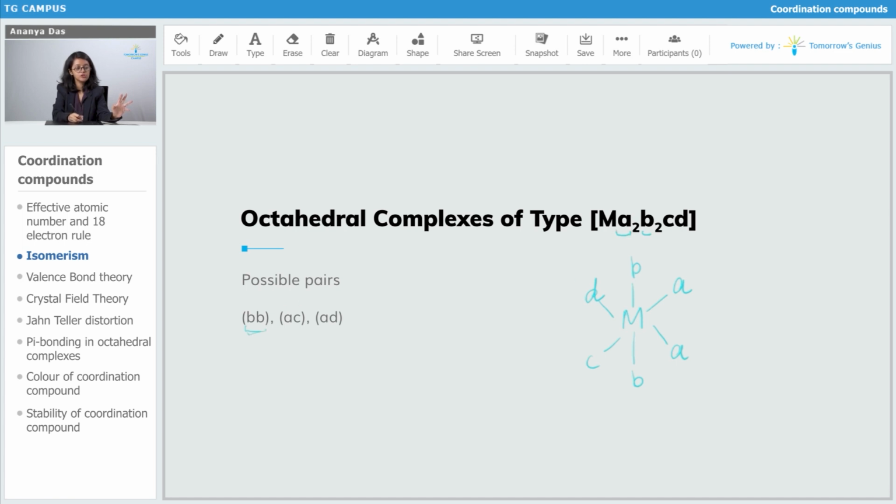In the possible pair also only 2 A's are present. 1 C is present, 1 D is present. So in the possible pair also 1 C and 1 D are present. You cannot just add ligands or subtract ligands based upon what you feel like. Whatever you see in your complex, based upon that only you have to make the possible pair. Okay, so this is the possible pair and it is optically inactive because B is trans to B.